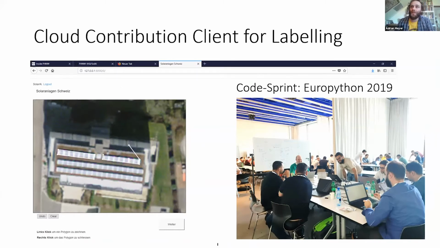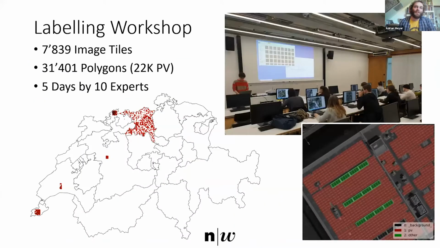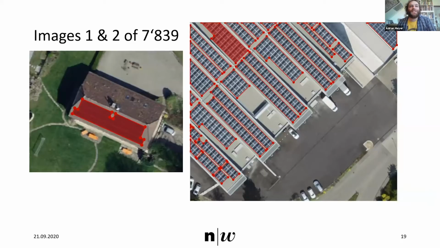And then early last year, I think about January, February, we had this labeling workshop where 31,000 polygons were drawn by experts and students. But as you can see, we didn't cover the whole of Switzerland just by labeling it. There's still a lot of white areas. So this is images 1 and 2 of almost 8,000. I'm going to spare you from looking at the rest.